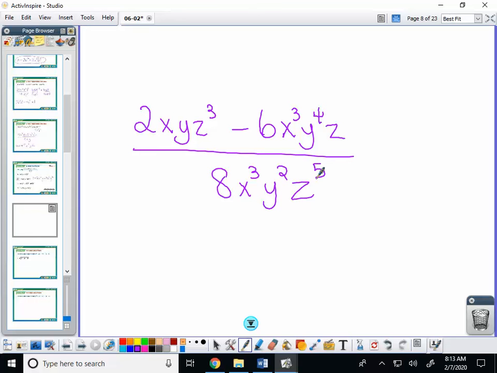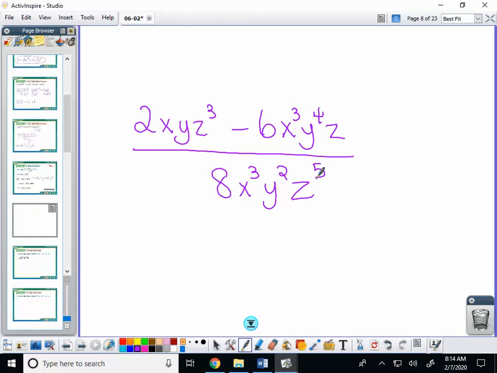So we have 2xy z to the 3rd minus 6x cubed y to the 4th z, all divided by 8x cubed y squared z to the 5th. Okay. So I'm dividing each of those terms in the numerator by 8x cubed y squared z to the 5th. This one's going to be different because it doesn't all work out perfectly.